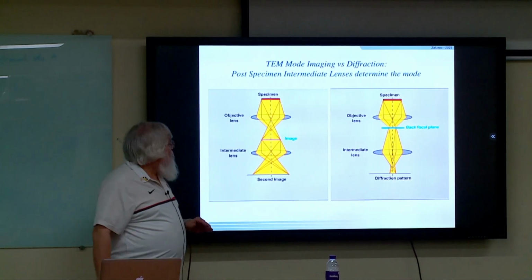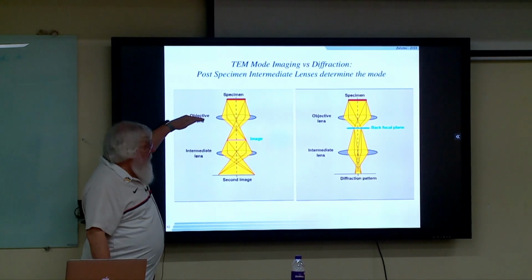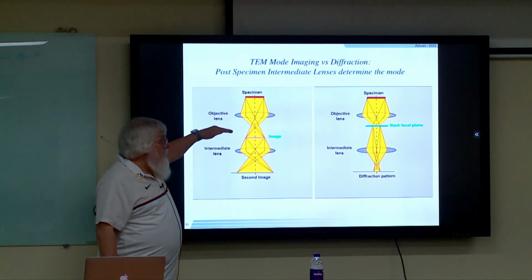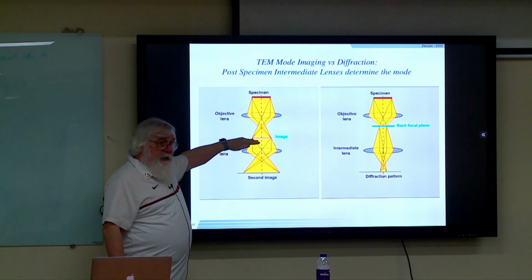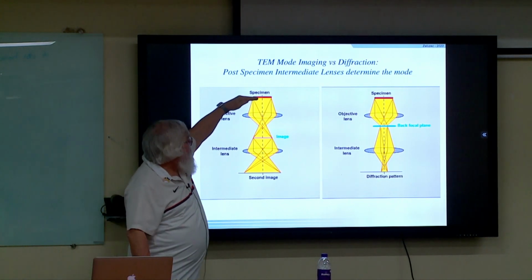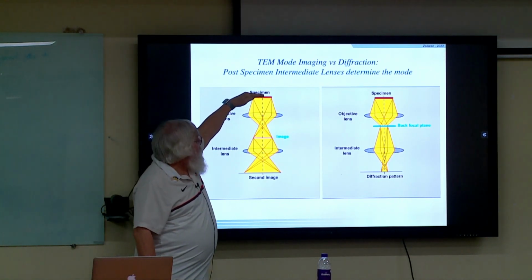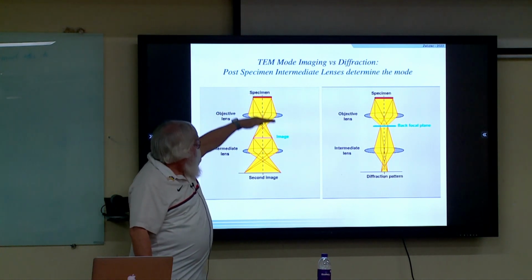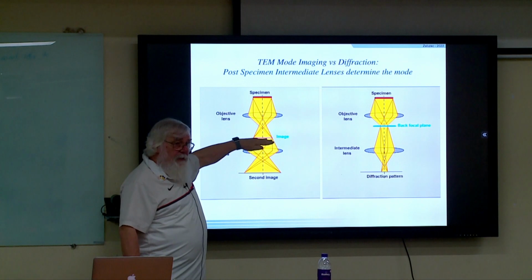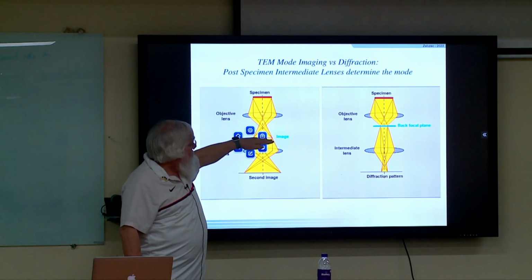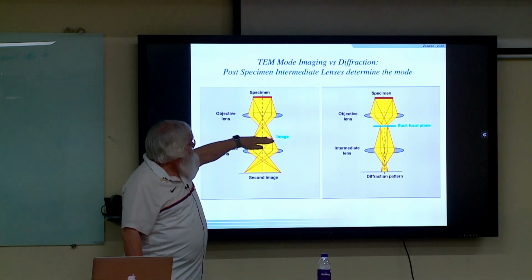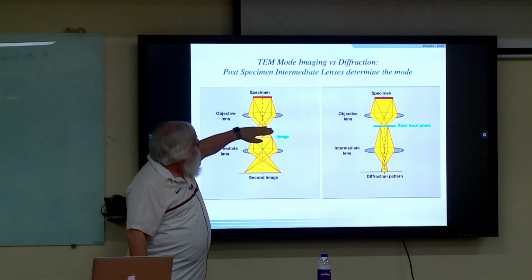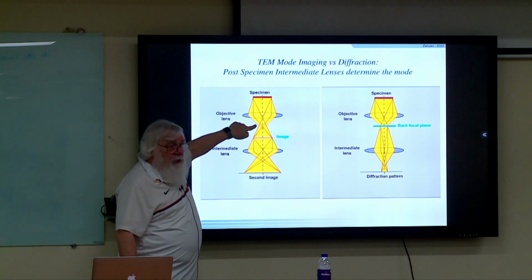But the way we go between different modes is our objective lens, our main imaging lens, always stays the same. Our sample comes here. There's a lens after it that transmits the beam that hits the sample and takes the image from the sample and transfers it to a certain plane. That's the focal length of the lens. We can look at either the image plane, or we can go backwards and look at a plane that's right here where all the crossovers are.